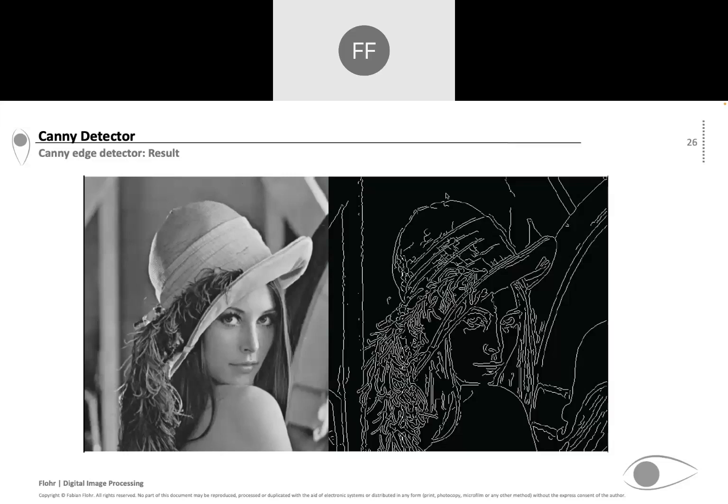What are we using in the first step? Sobel filter, and what parameter is important there? So what are the two filters which are combined in the Sobel filter again?